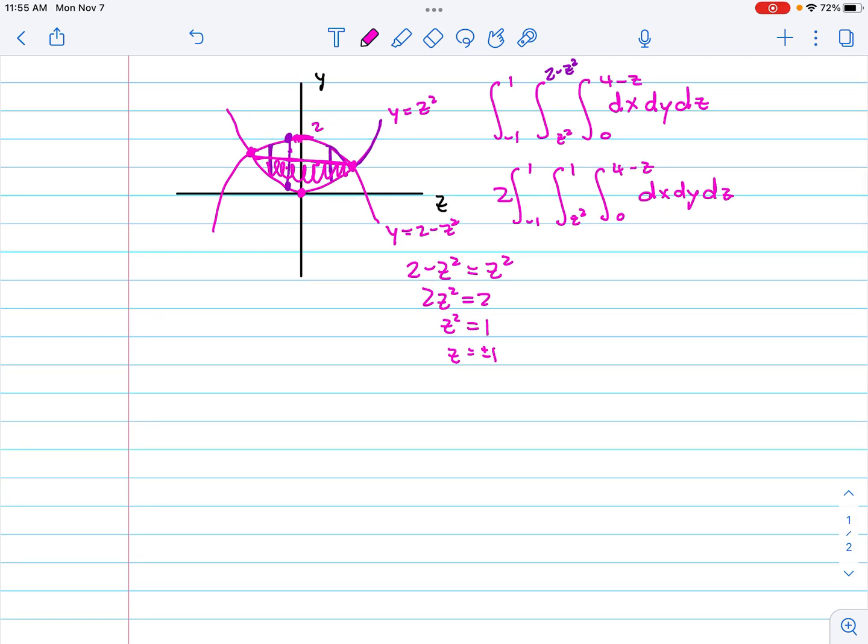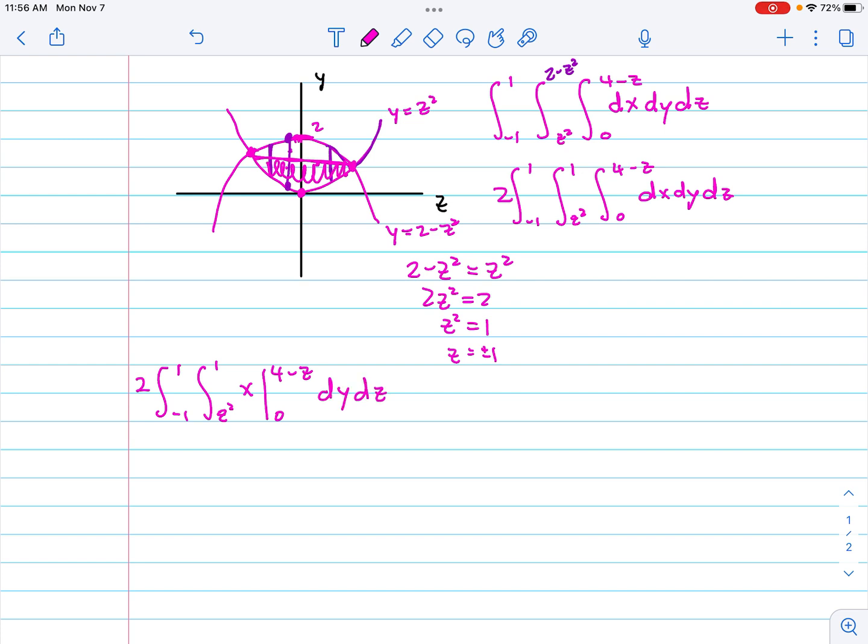Now I'm integrating with respect to x first. So here I go. I've got negative 1 to 1, z squared to 1. Now, as far as using symmetry, be very careful. Don't use symmetry unless you're absolutely certain that you can. So watch yourself. Now this is going to be 4 minus z, x from 0 to 4 minus z, dy dz.